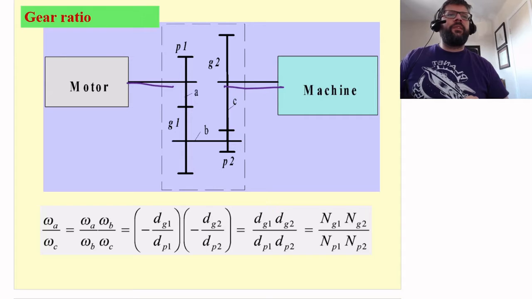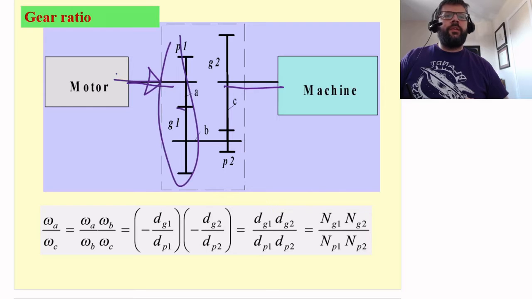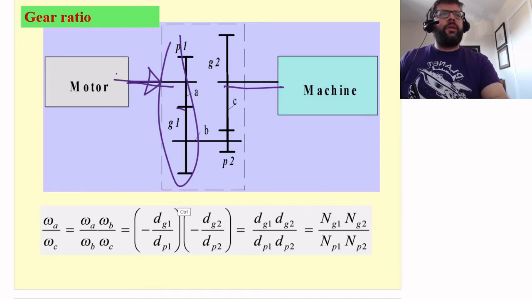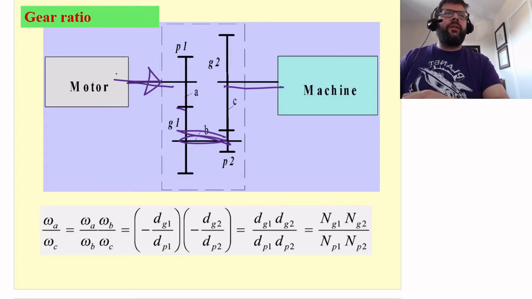Basically, that can be found based upon the fact that this input coming in is going to get transformed based upon this combination of gears into an intermediate rotational speed, and then that rotational speed gets transformed once again into the output speed.